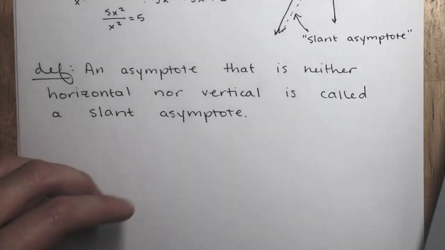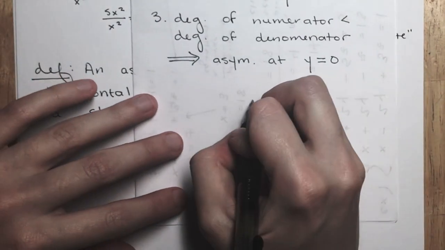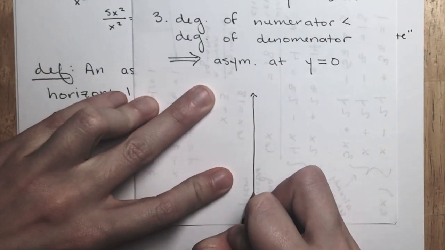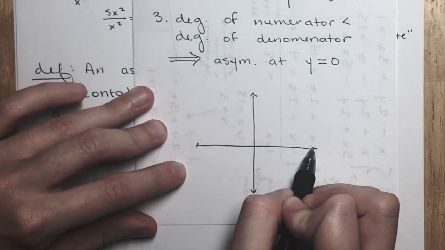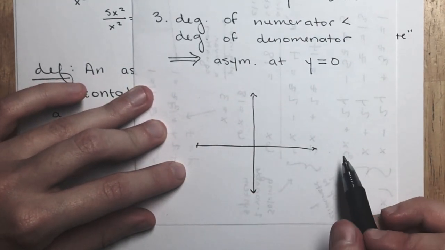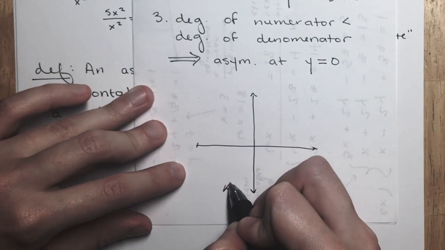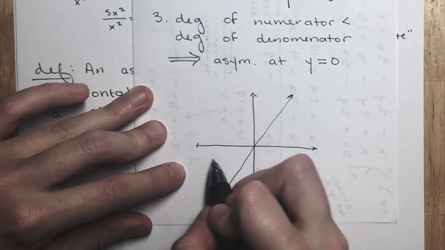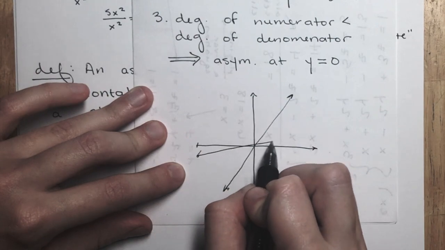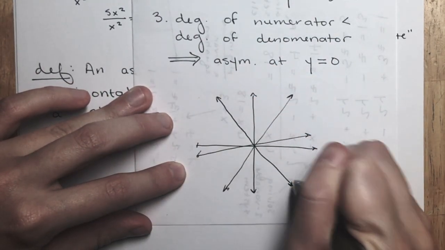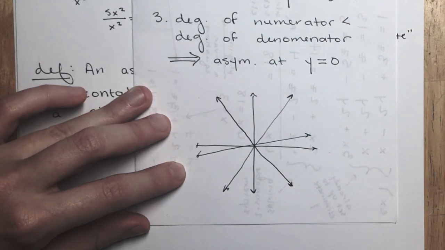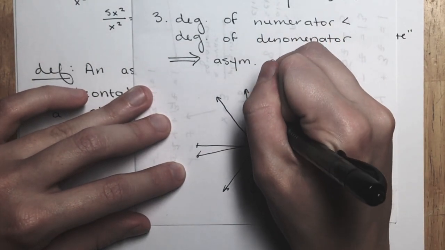So anything that is not completely vertical or completely horizontal is called a slant asymptote. So anything that is like this, like this, like this, like this.